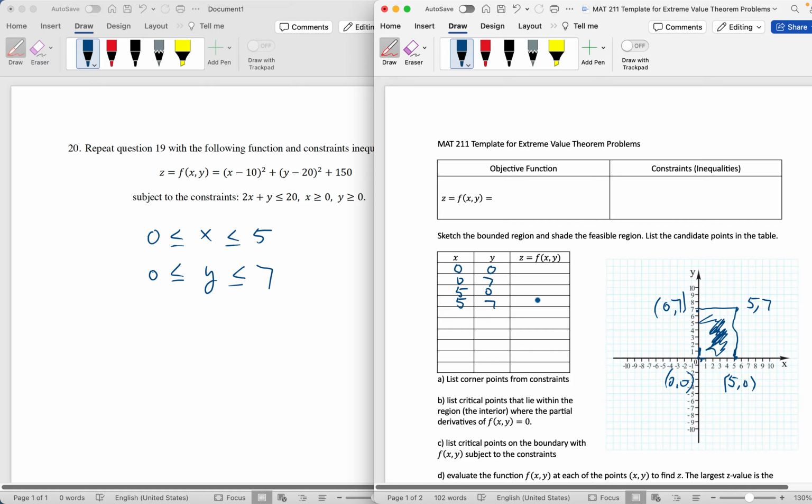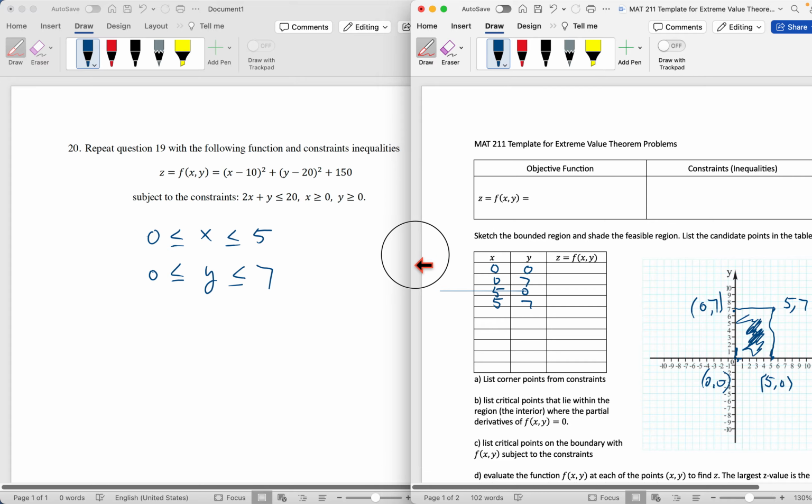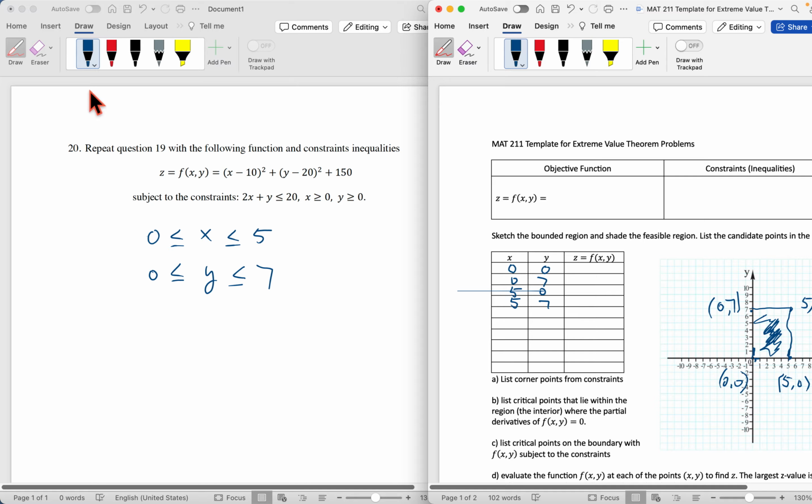Okay, so many points. B, list the critical points that lie within the region. Within the region, what we need to do is find the critical points.